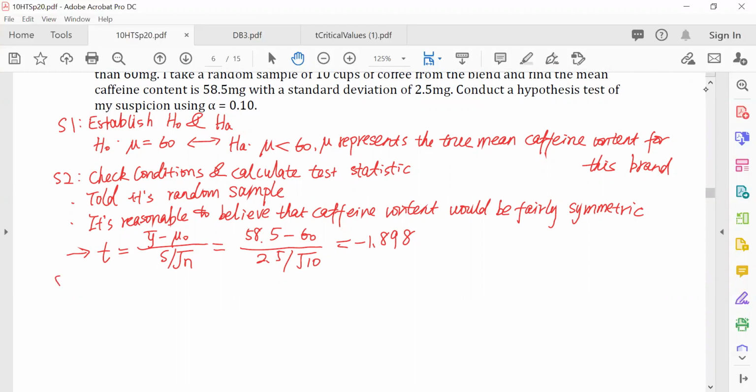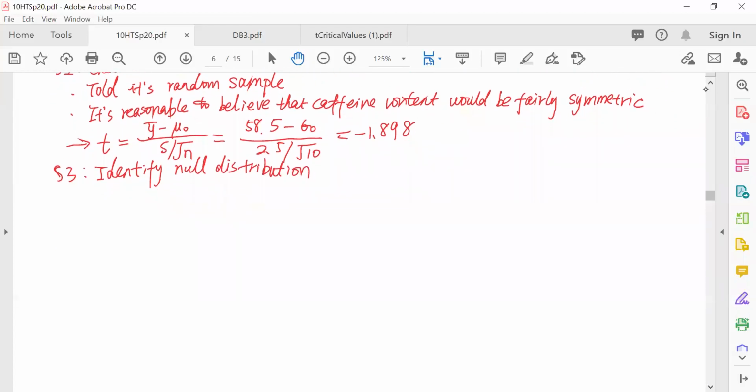The third step is we identify the null distribution, find the p-value, and make a decision about H null.